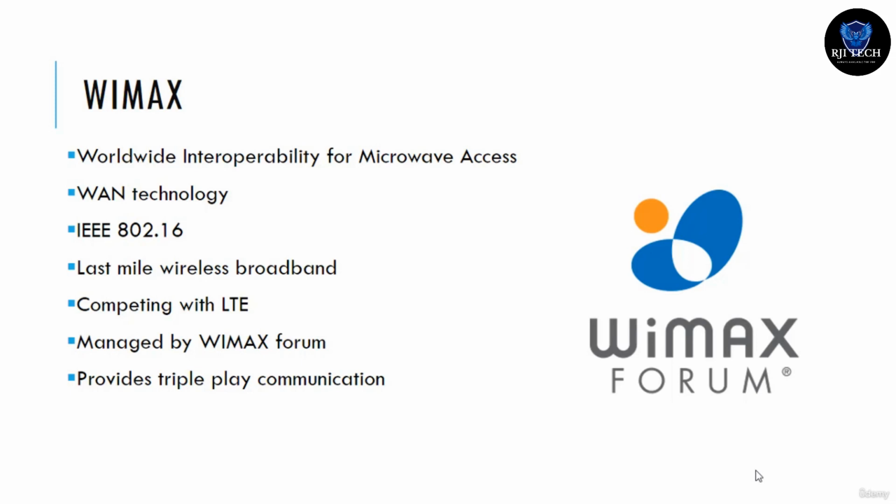One outlet for the fixed phone for the voice, another outlet for the laptop for the internet, and a third outlet for your television for streaming video on demand, for example. So the WiMAX can enable this triple play communication. Triple play communication is one of the trends in communication, to enable all of the communication channels to coexist with each other inside one channel and with one outlet to the user.